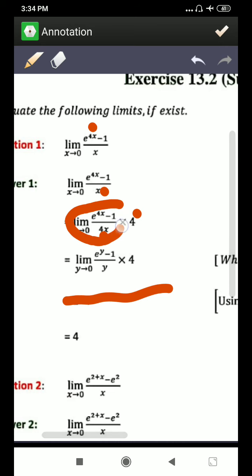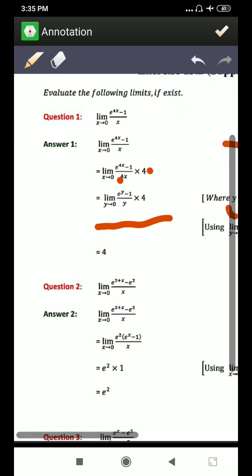No need to put y, although I have explained over here that you put 4x equal to y, it's not required. If x tends to 0, definitely 4x tends to 0. So to convert this into standard form, we'll multiply by 4 in the denominator and multiply by the same 4. It will become the same form, e raised to power x minus 1 upon x, and that is equal to 1.